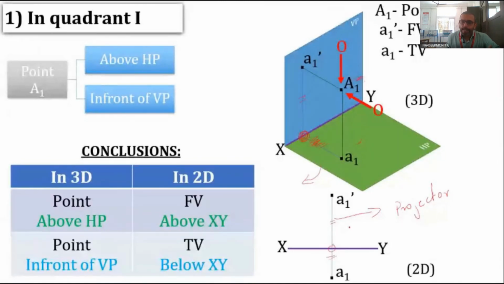On the projector line, you mark the distance above the XY line if the point is above the HP, that is, how much distance the point is above HP, and hence you get A1 dash. And how much distance the point is in front of VP, that distance you mark below the XY line on the projector line itself. Then you get the point A1, that is the top view. So this is the condition.